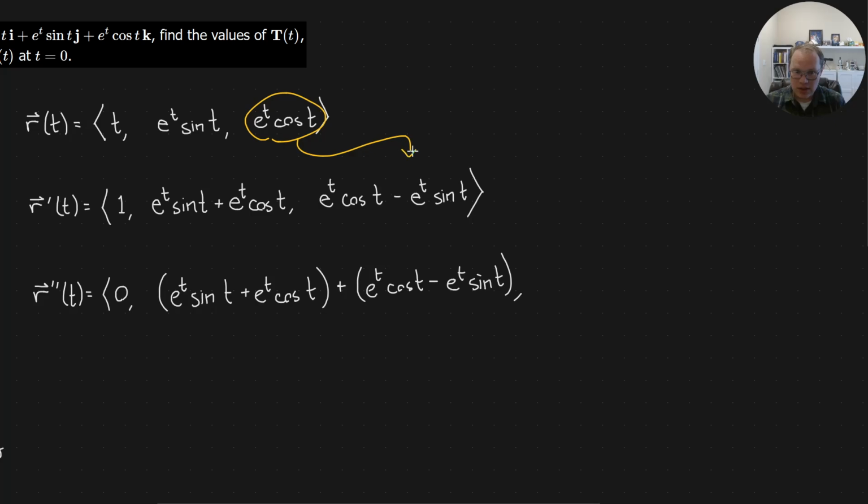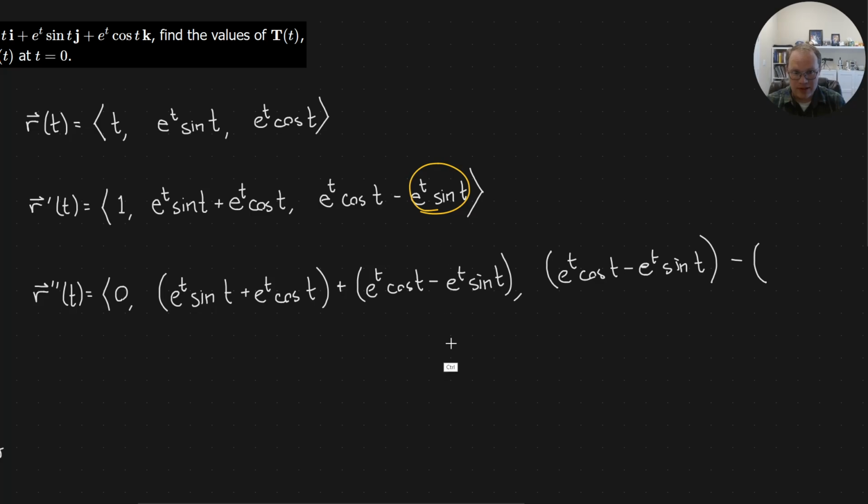Derivative of e to the t cosine t is just this. Okay? So derivative of e to the t cosine t is e to the t cosine t minus e to the t sine t. Okay? And then minus, and now the derivative of e to the t sine t, which I did when I found r prime. This is the derivative of e to the t sine t. So I'll just plug that in.